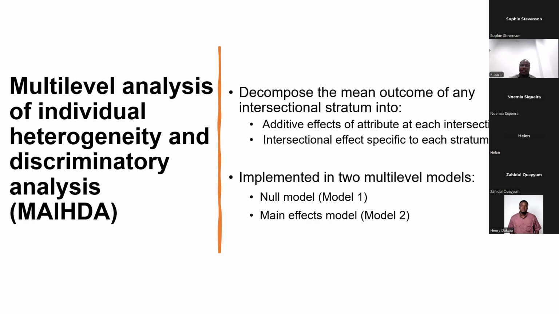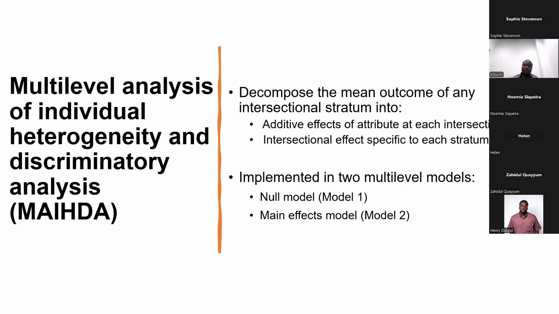Let's say we have the first intersection of young females, aged, let's say, less than 18 years, from the rich social class. You'll be able to see within that group what the differences are. Then, in the example I provided, we will have 18 strata. Based on those 18 strata, you will be able to see which strata are more vulnerable or in a more disadvantaged position compared to others, and we can rank them.